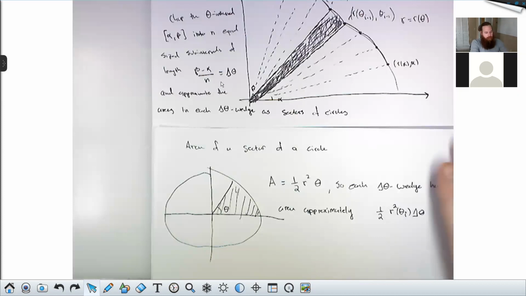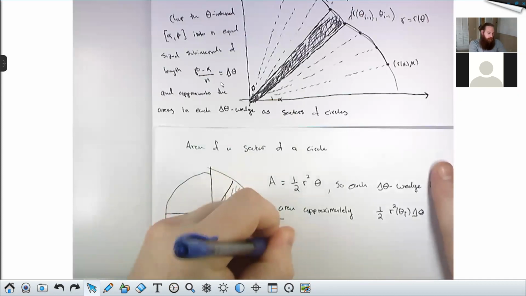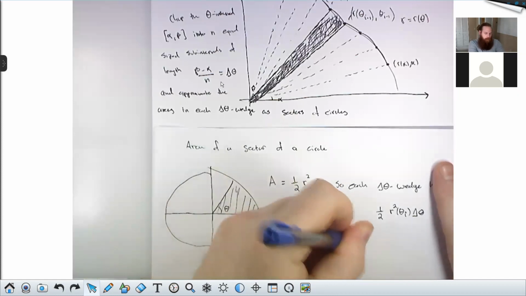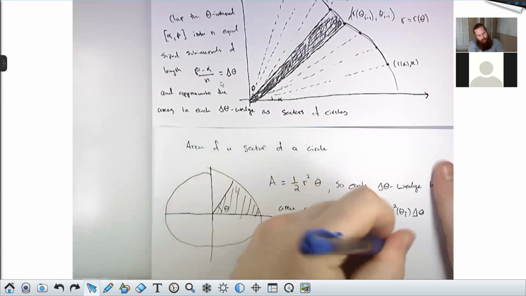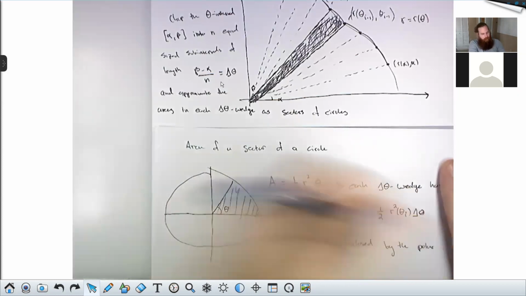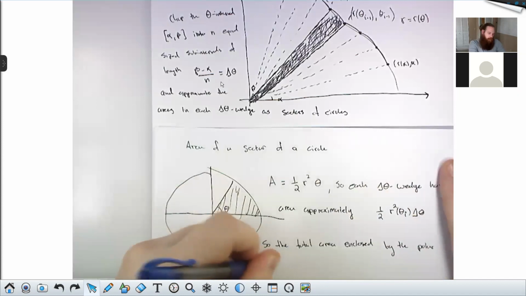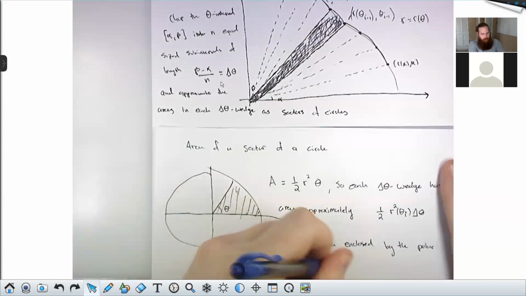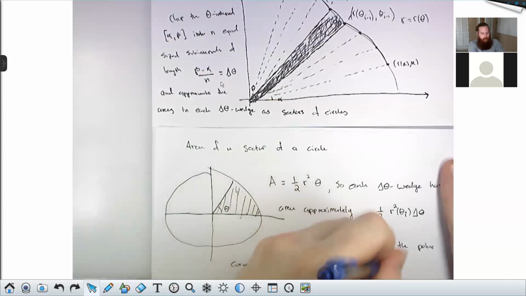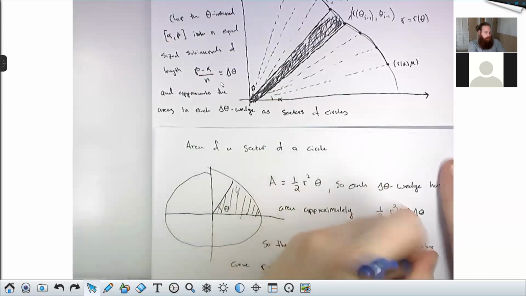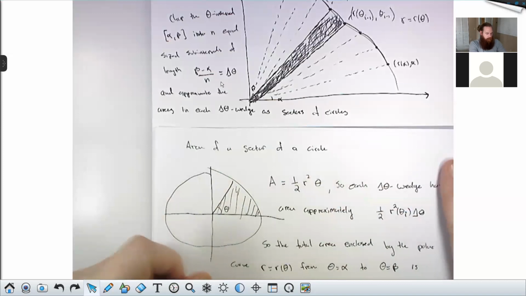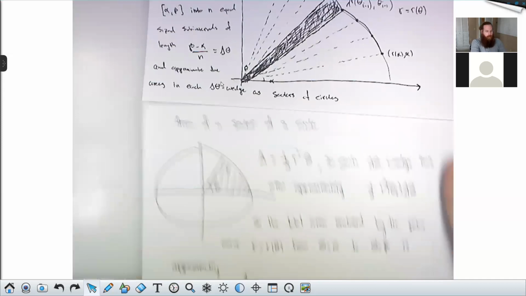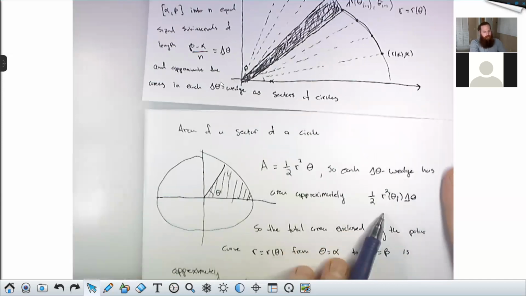And then from here, we build a Riemann sum. So the total area enclosed by the polar curve r equals r of theta from theta equals alpha to theta equals beta is approximately A equals, I'm adding up all of these little wedge areas.